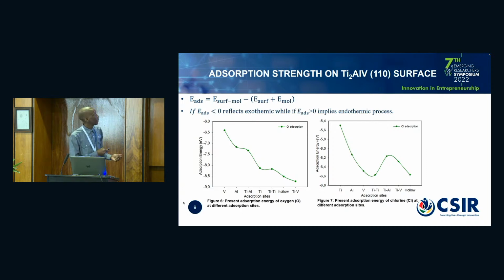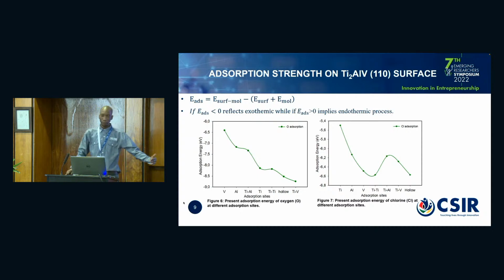E sub mol is the equilibrium final energy when the impurity is on the surface, and then we subtract the final energy of the slab, which is the surface, and the final energy of the molecule, which in this case is our impurity. Therefore, we can measure the strength and stability with which the impurity will sit on the surface by checking the magnitude of the adsorption energy.